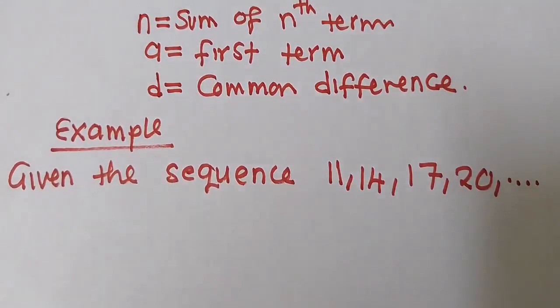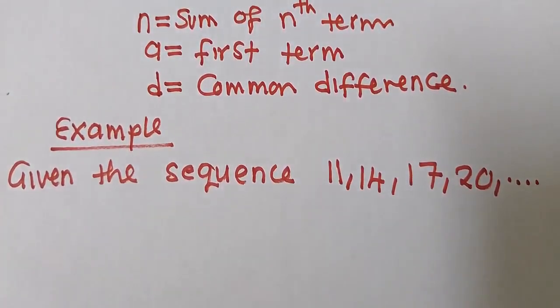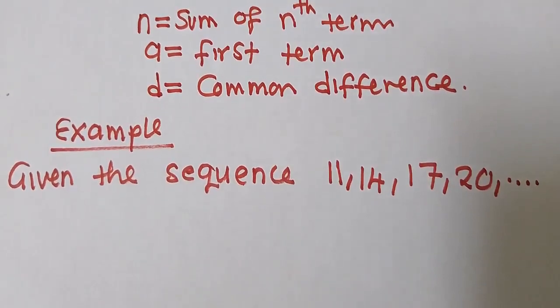Then you are told to find, so we are under the sum of the nth term. How can you find this? Let's say you are given a question where you are told to find.